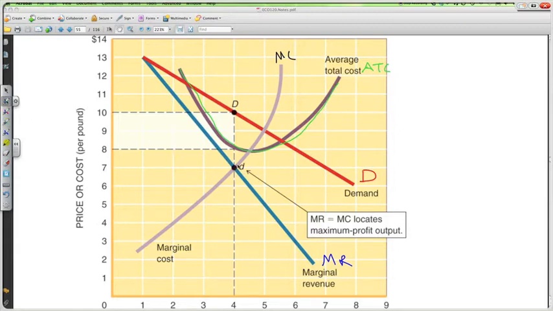So notice here at this point D, little d, this is where marginal revenue equals marginal cost. So the difference with the monopolist is we come down, if I can draw it right. So this would be our optimal output. So our profit maximizing output would be 4.